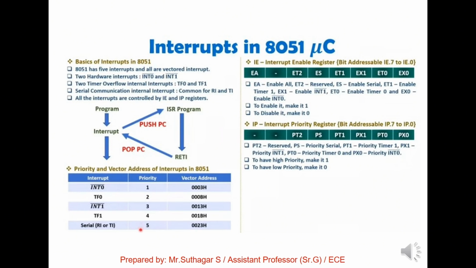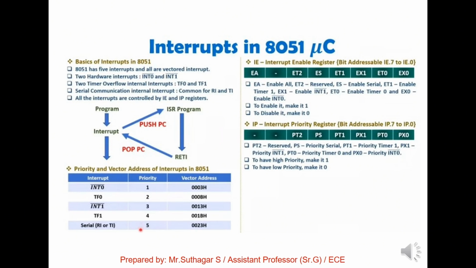So here in the interrupt priority register, PX0 specifies INT0, PT0 specifies the TF0 interrupt, PX1 is for INT1, PT1 is for TF1, PS is for the serial interrupt, and PT2 is reserved.